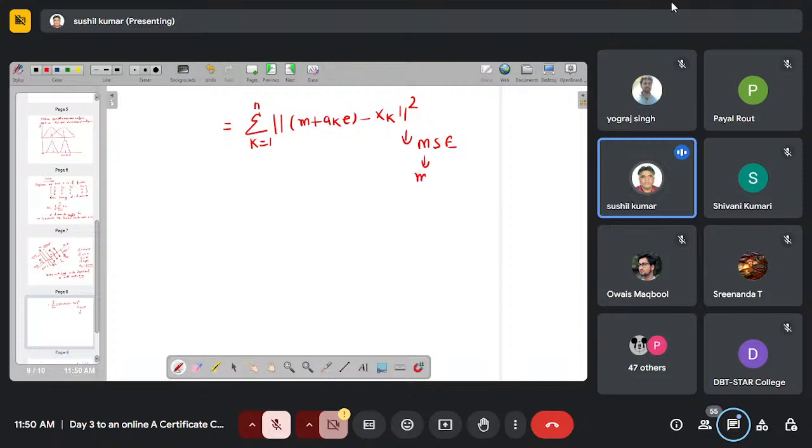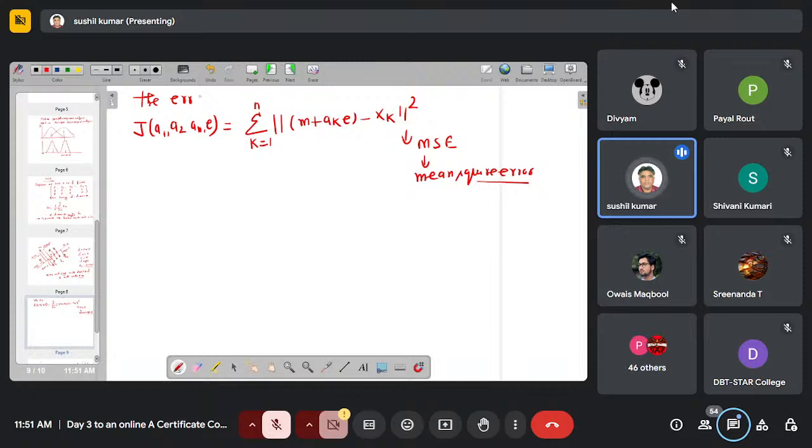If you have studied a little bit about machine learning or statistics, you know the meaning of mean square error. So this is the error here, and I will represent the error with J of A1, A2, up to AN, and E. So these are my vectors here, A1, A2, AN, and the error. You can write this as the error function.